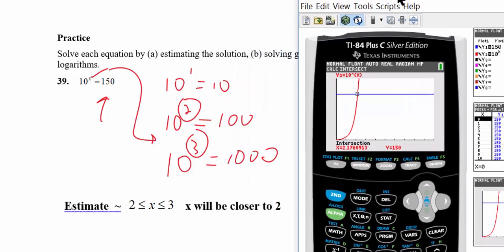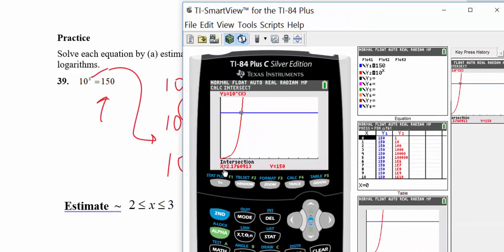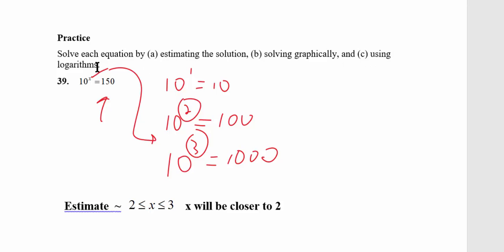Does that make sense? Well, remember, our estimate said the answer x is going to be somewhere between 2 and 3, closer to 2. When we graph it, we get 2.17, so that makes sense. So on your test, if you solve by graphing, I'm going to ask you to actually sketch a copy of this graph on your paper.